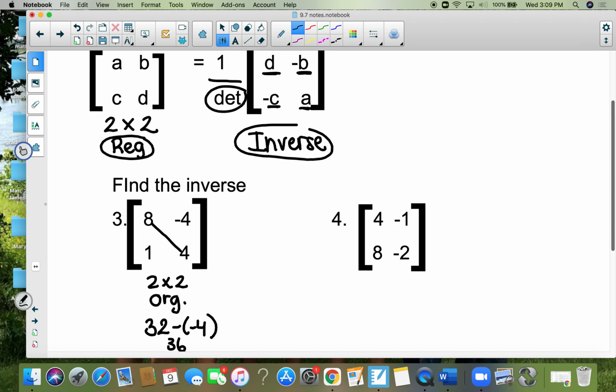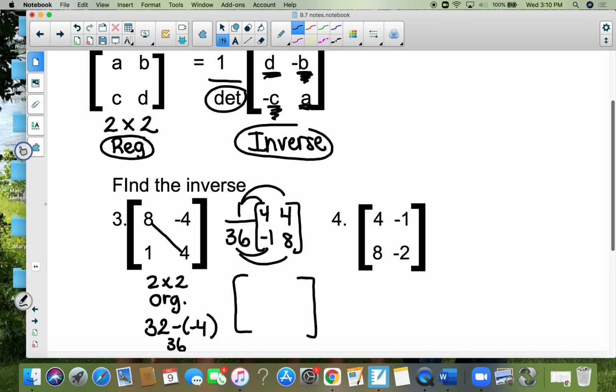Okay, so it's going to go 1 divided by 36, and then what you're going to do is interchange these two around. So the 4 goes here and the 8 goes here. You don't change these two around, you just change them to their opposite, a positive 4 and a negative 1. And then the last thing I want you to do is to distribute the 1/36 to all of them.